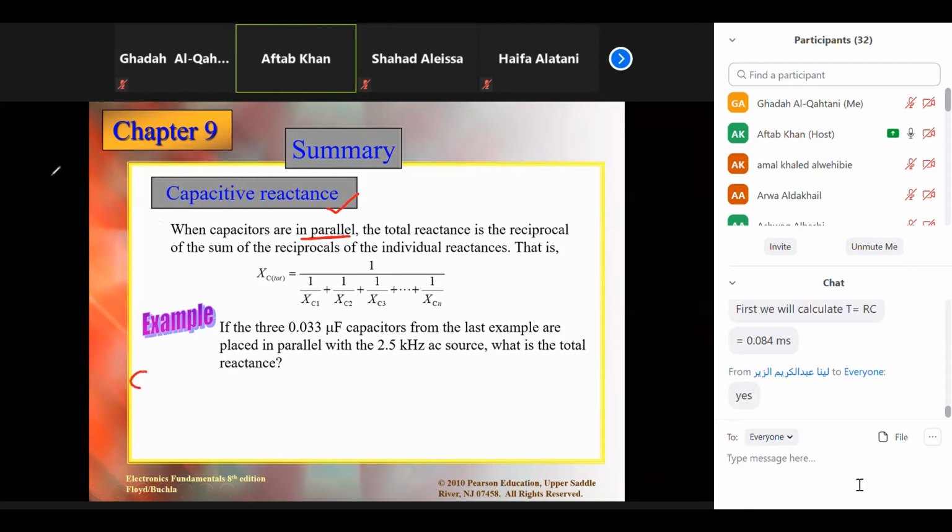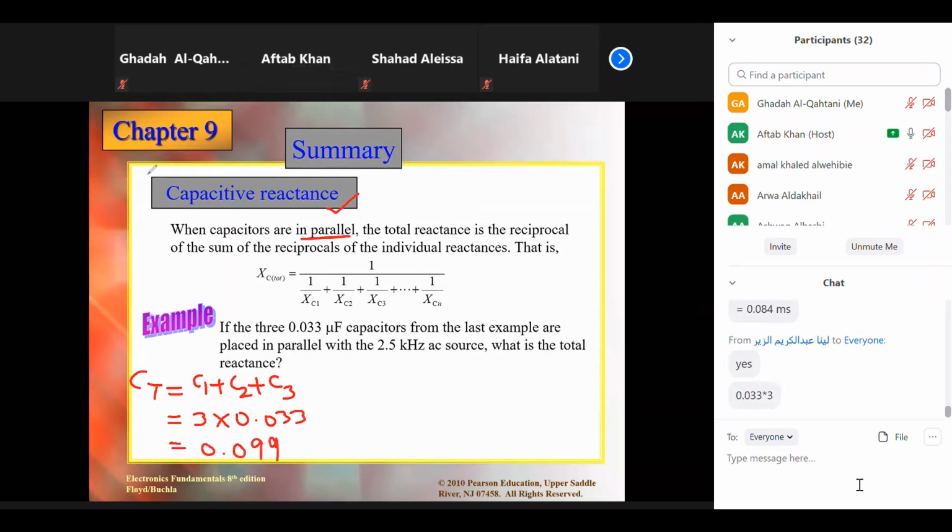Can we calculate CT? They are in parallel. So when capacitors are in parallel, the formula for the total capacitance, remember girls? Yes. So can I calculate this way? Correct.